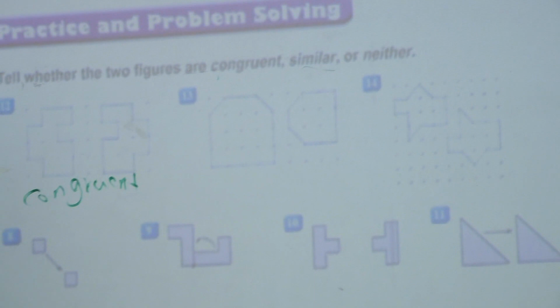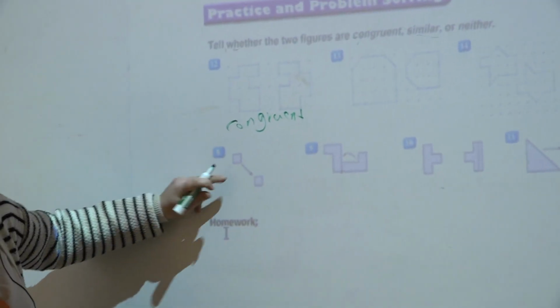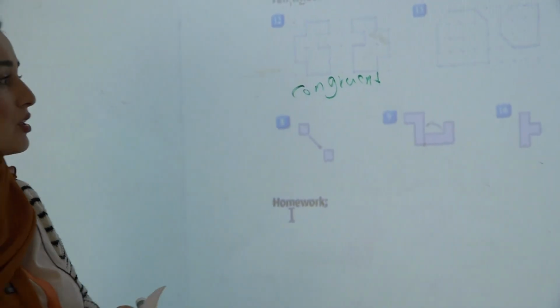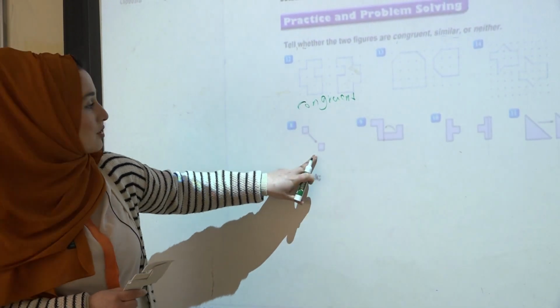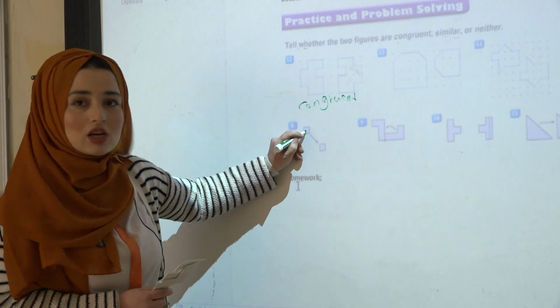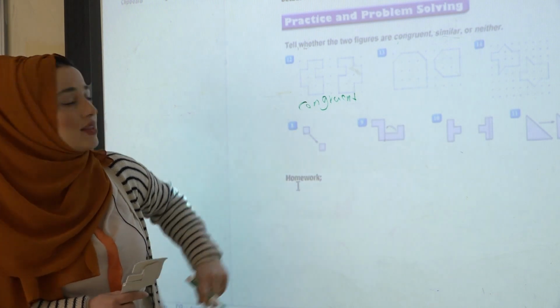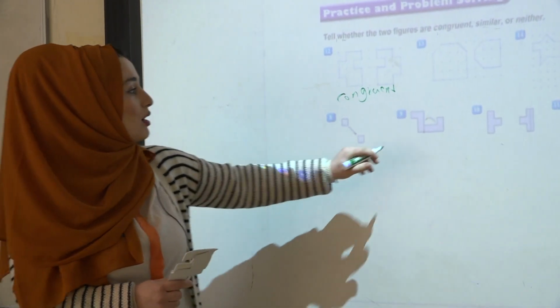In this example, tell whether it was a slide, turn, or flip. Look, this one is a slide. Why? Because we move the photo from the original place to there. This is called a slide. This one is a turn.